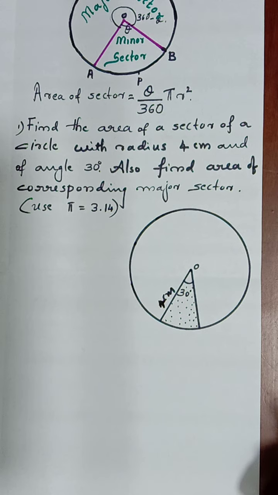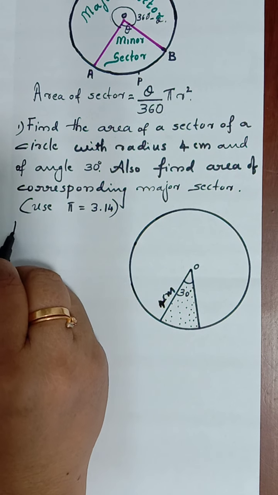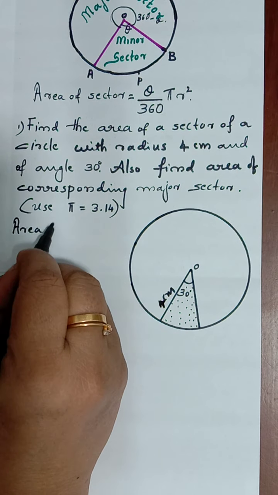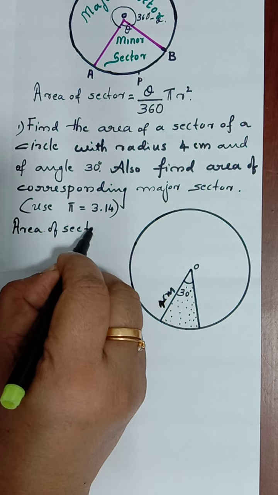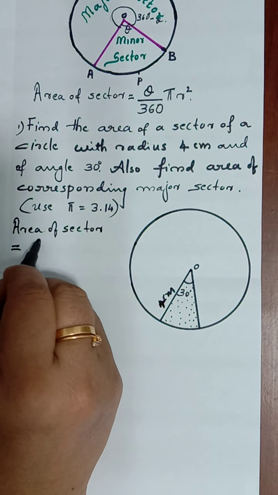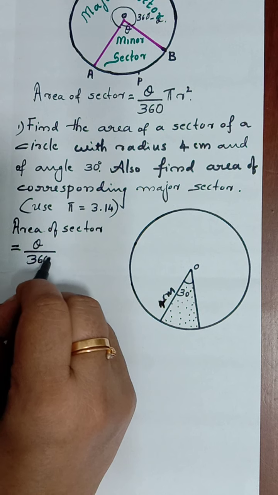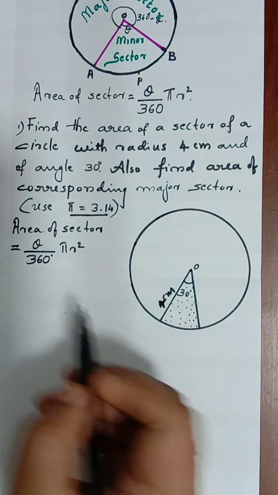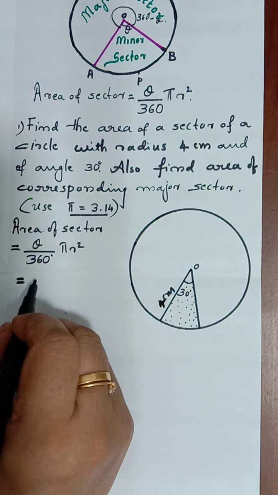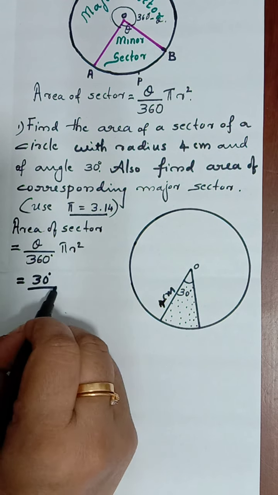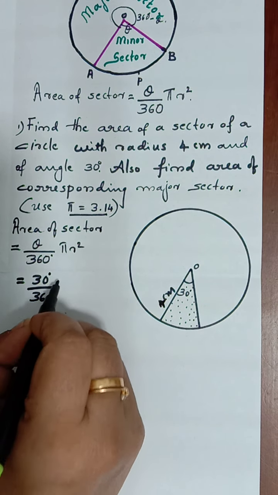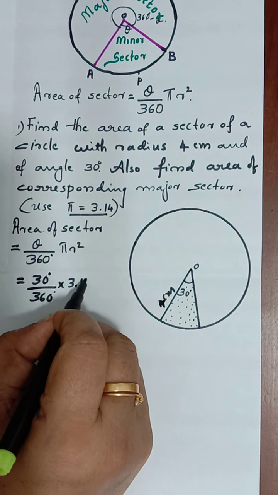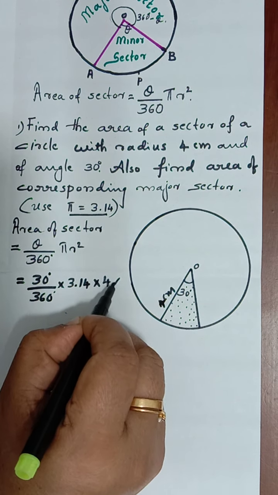We are just writing the formula and substituting. Area of sector equal to theta by 360 degree into pi r square. Pi value is given here as 3.14. Theta is given as 30 degree divided by 360 degree into 3.14 into radius 4 into 4.